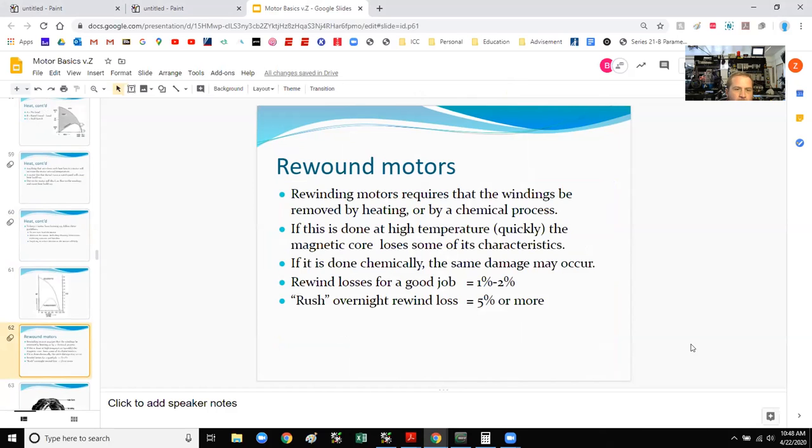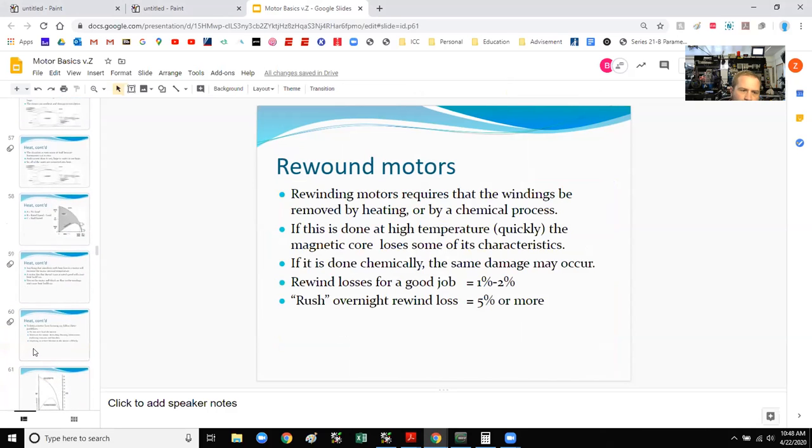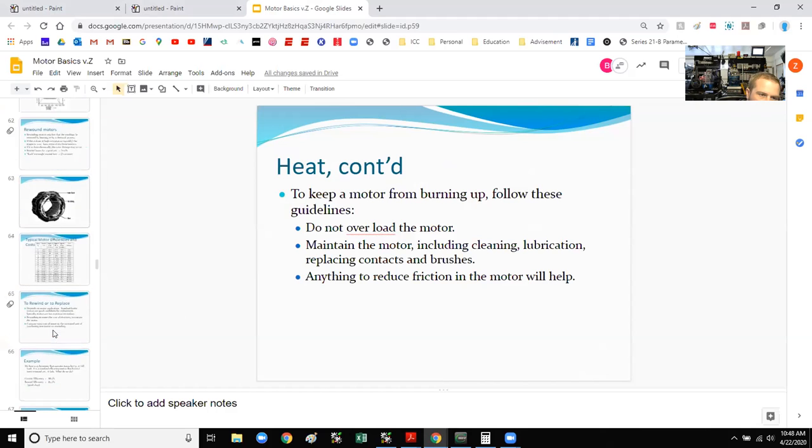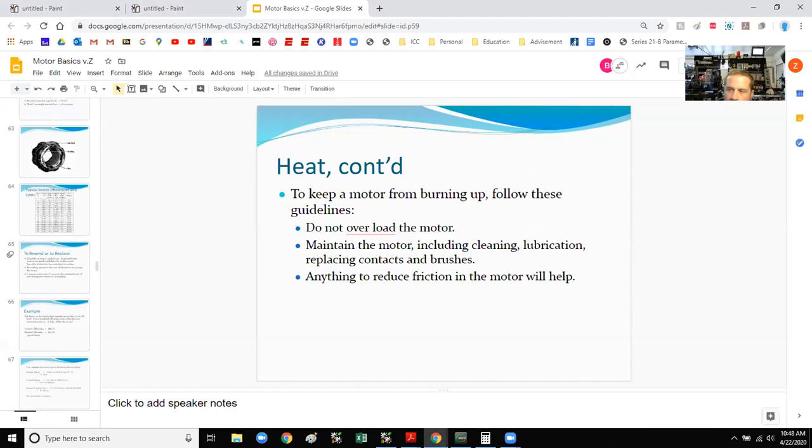Okay, the remainder of this PowerPoint, anything after slide number 60, will not be on the quiz. You can look through that. It is handy information. It talks about when to have a motor rewound or replaced. Usually what I've seen in the field is, hey, this big, giant, really expensive motor has T1 to T2 windings that are shot.